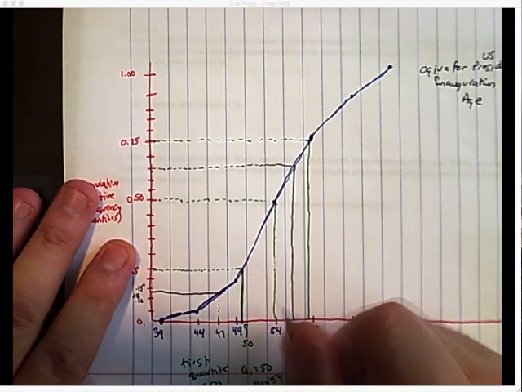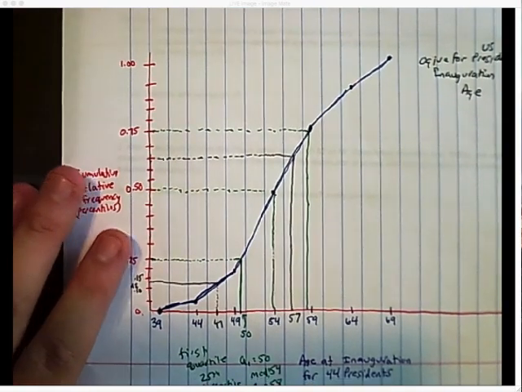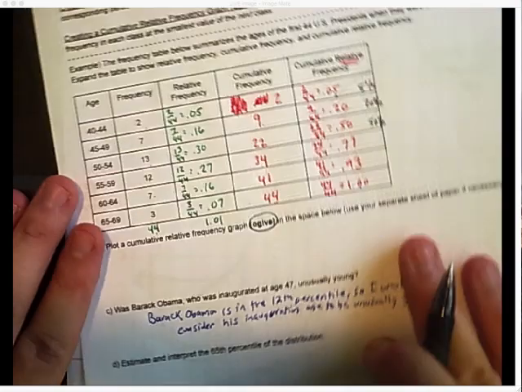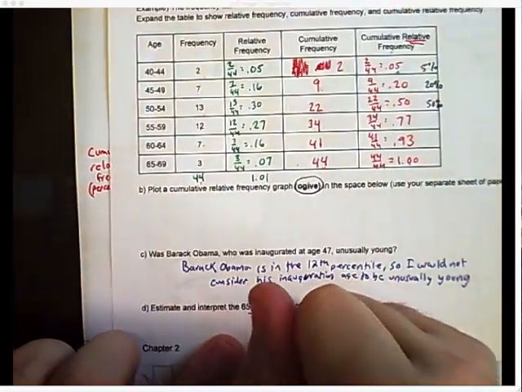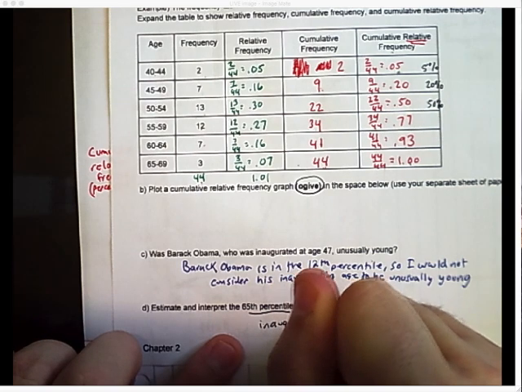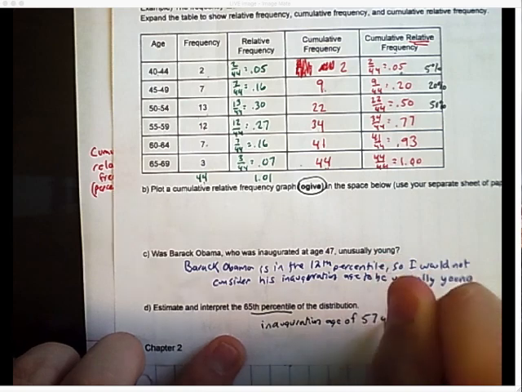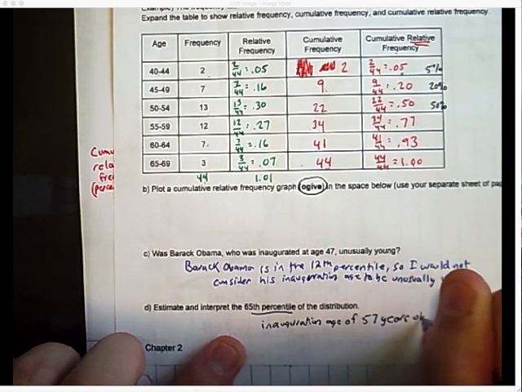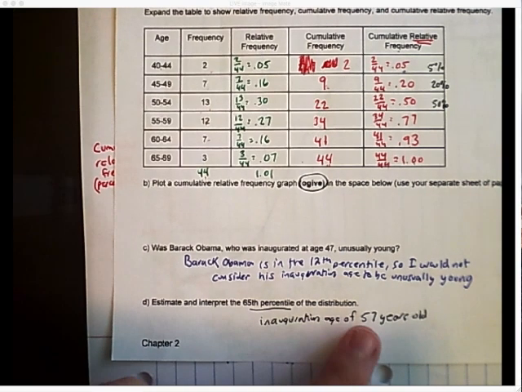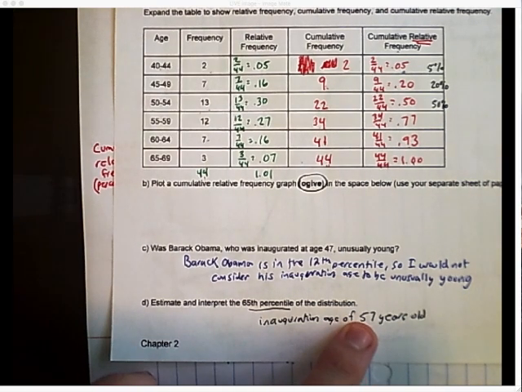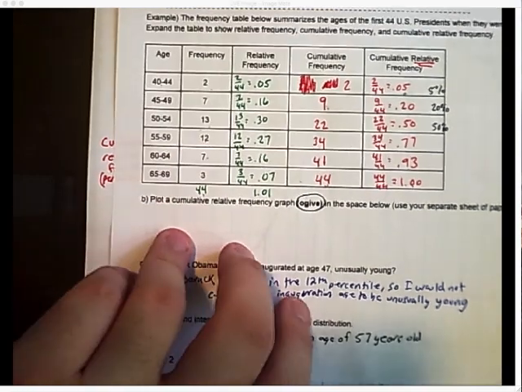Okay, so maybe about 57. That would be my estimate. So the 65th percentile is an inauguration age of 57 years old. Okay, what does that mean? That means that 65% of the presidents were 57 or younger when they were inaugurated. So that's going to do it for that question.